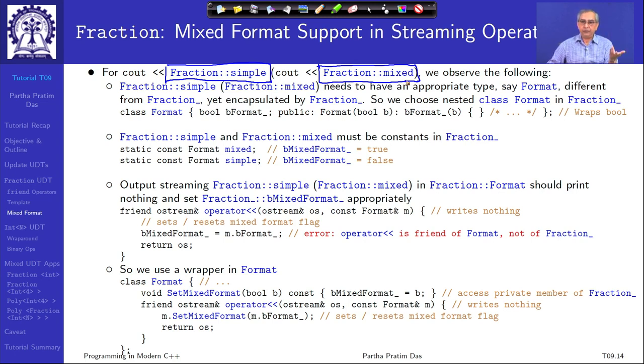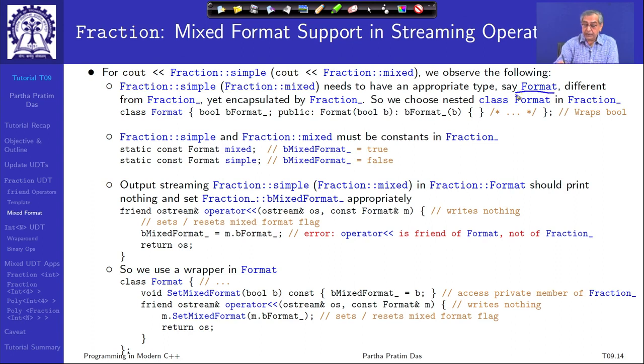I will not be able to control that, it will just print true, false or 1, 0, something like that. So, the conclusion is it has to be a type which wraps a Boolean information but is not a bool by itself. It cannot be a fraction, but certainly it is supported within the fraction. So, it has to be encapsulated by the fraction. These are the two basic pieces of information that we reason out.